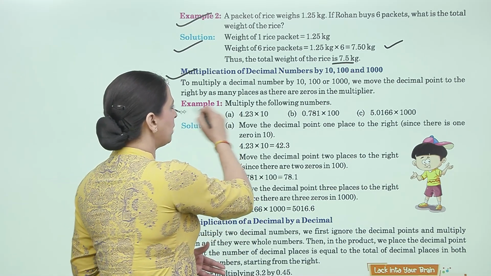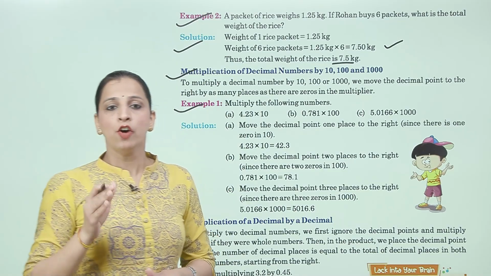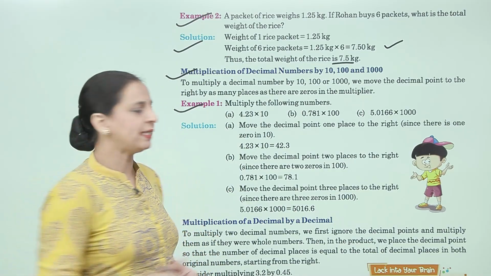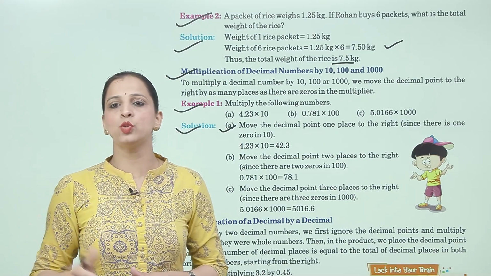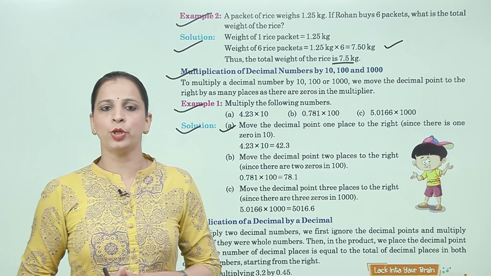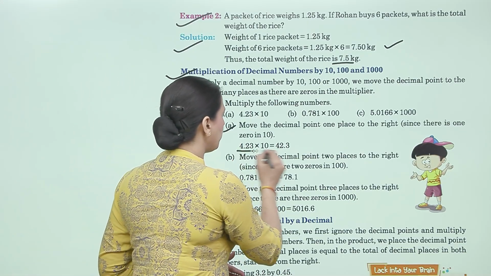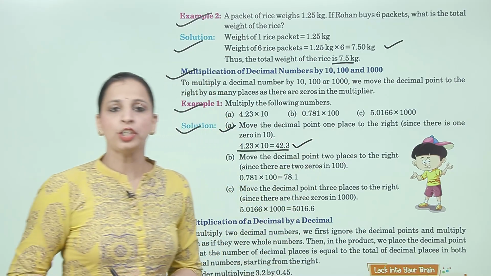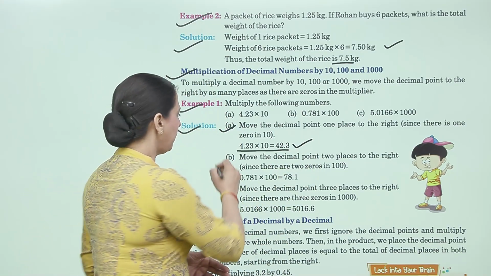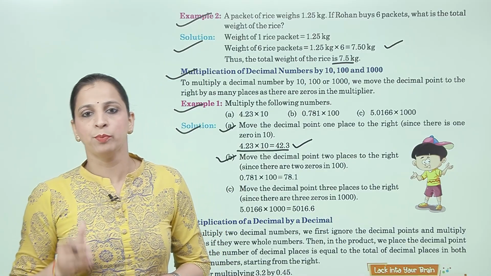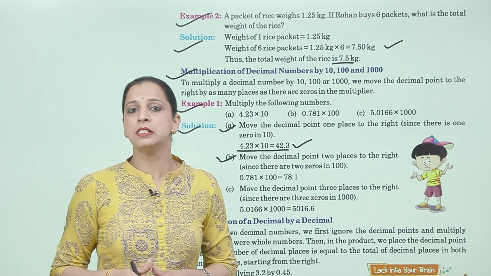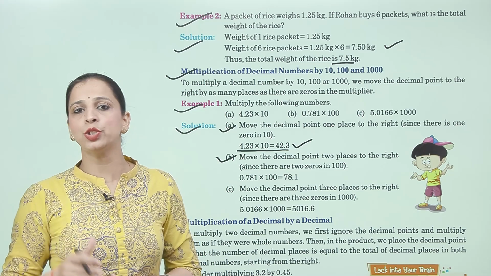Now, example 1, multiply the following numbers. A, 4.23 multiply by 10. Now, solution, A part, move the decimal point one place to the right since there is 1 zero in 10. So, 4.23 multiply by 10 becomes 42.3. Now, B part, 0.781 multiply by 100. Move the decimal point 2 places to the right since there are 2 zeros in 100.